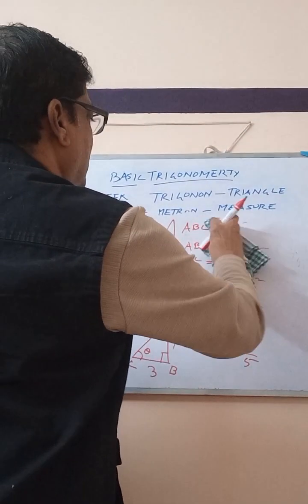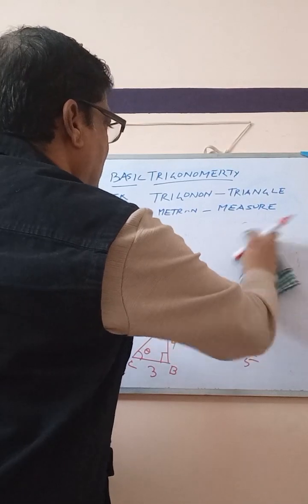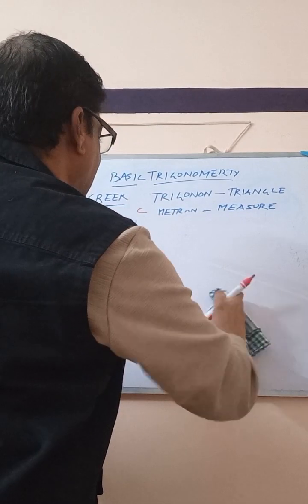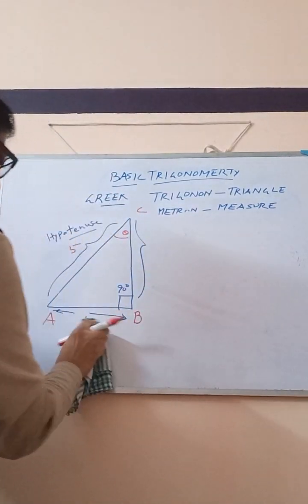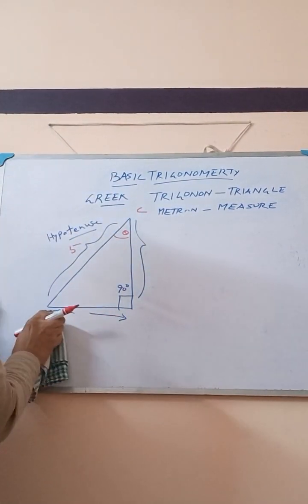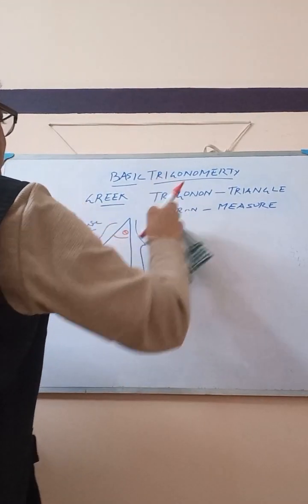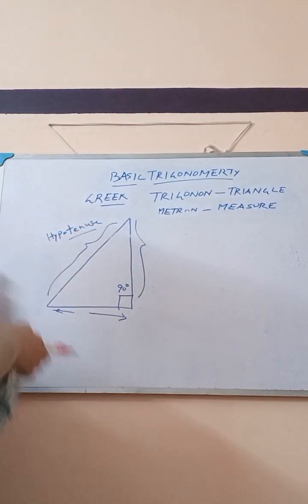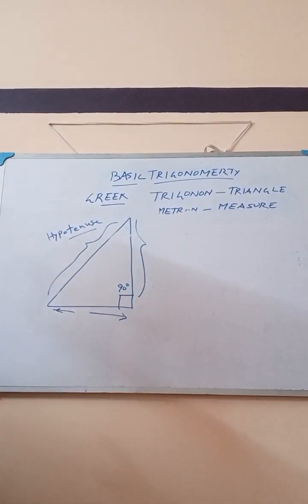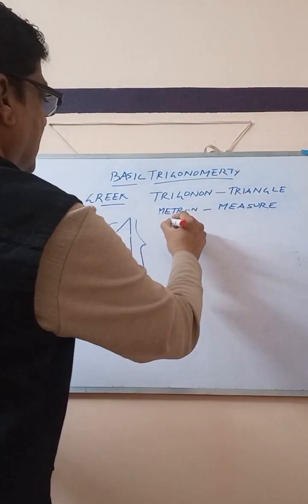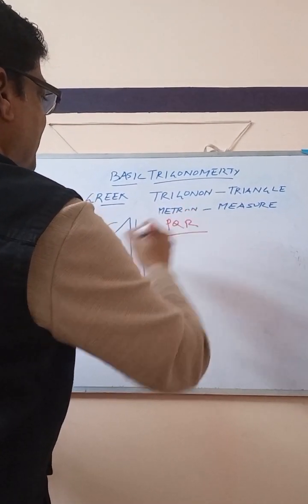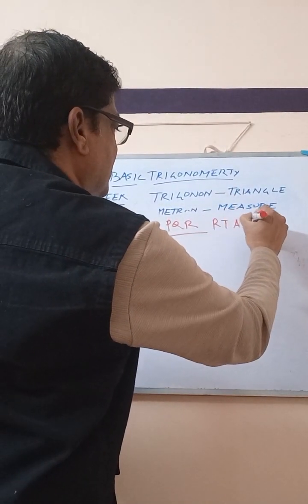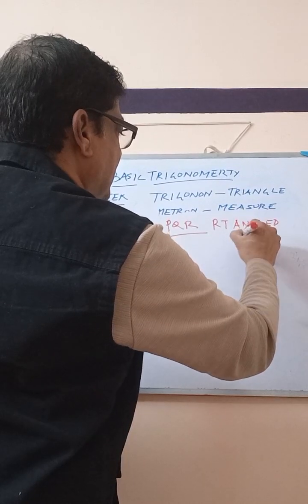Now I am giving you a sum. This is for your practice. Now let us erase all these things because that will create confusion. Okay. Now the sum is PQR.